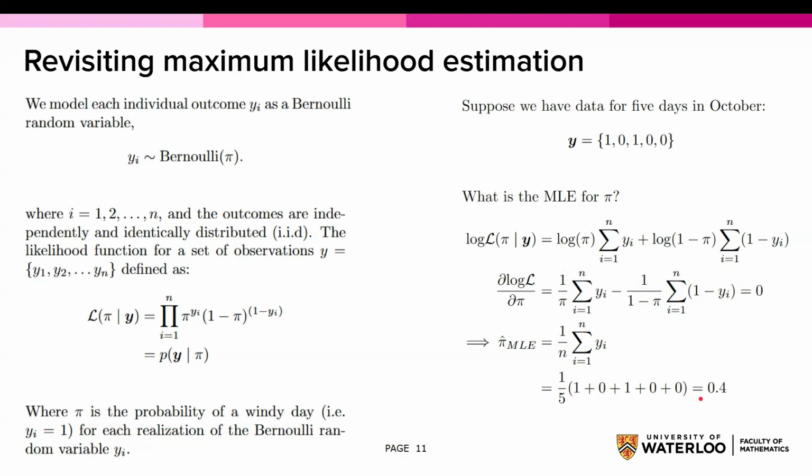So the MLE estimate for the probability of a windy day in October is 0.4. So this approach is a good example of what's known as the frequentist method, where we estimate the parameters directly from the data without using any prior knowledge or assumptions about what pi should be.